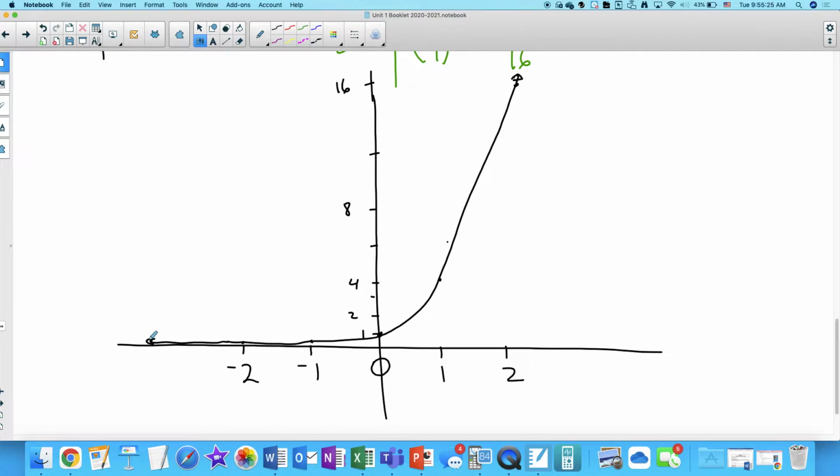This is called a horizontal asymptote. It's kind of a funny name, but that's what it's called. We don't talk too much about asymptotes in this course, but if you move on, you'll look a lot more at asymptotes later. But that's basically an asymptote. That's how you would spell it: a line that the graph gets really close to but never touches.